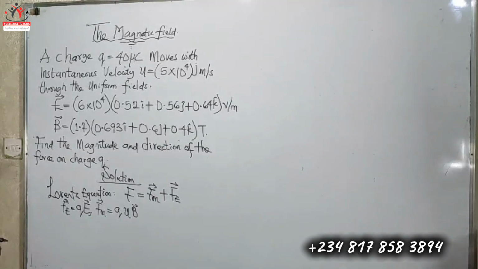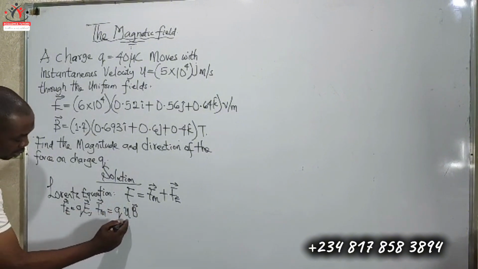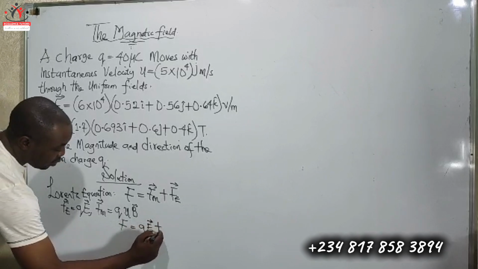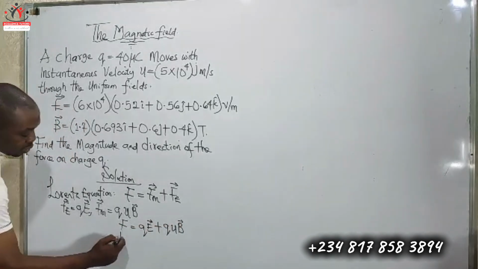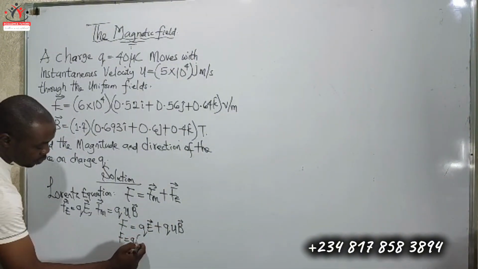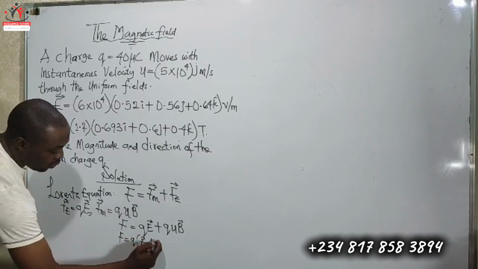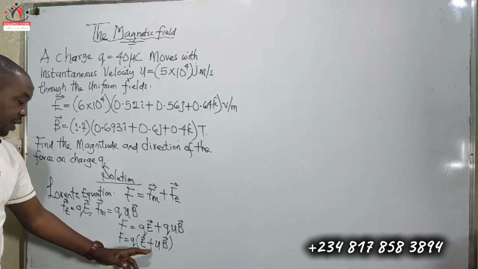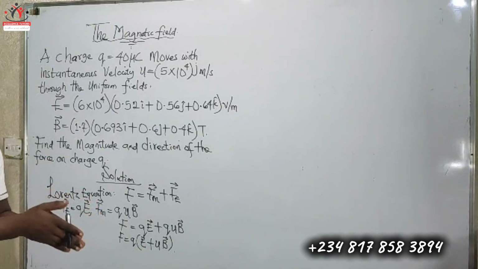So when we add these two forces, we have our Lorentz equation: F equals Q times E plus U cross B. With this equation, we'll be able to find the vector force on the charge.